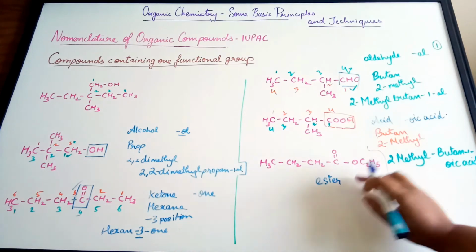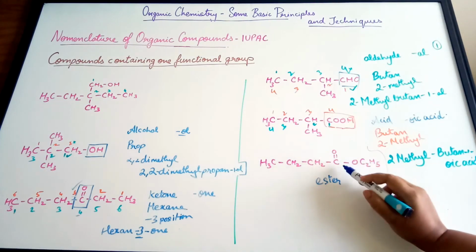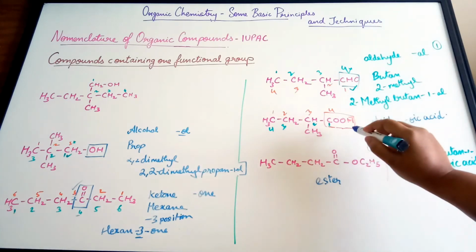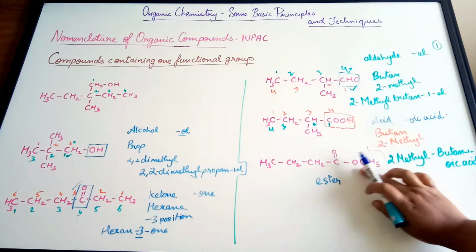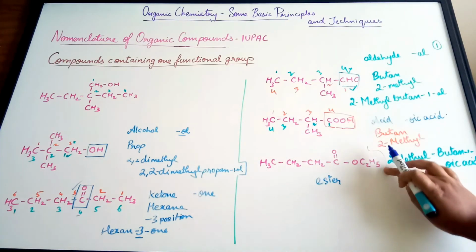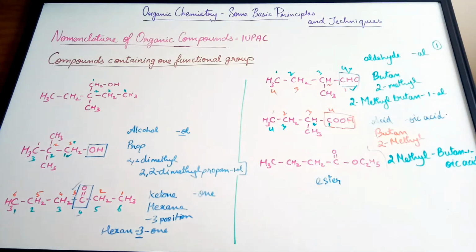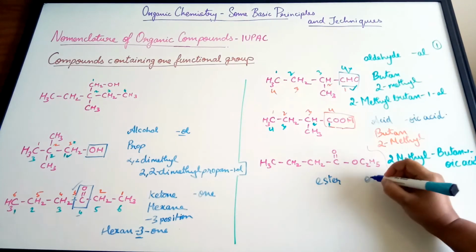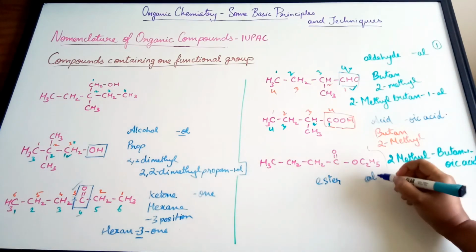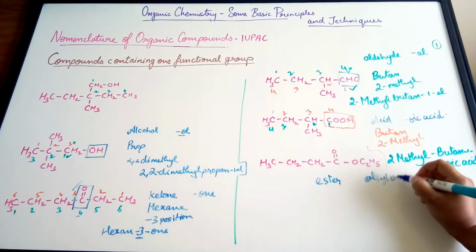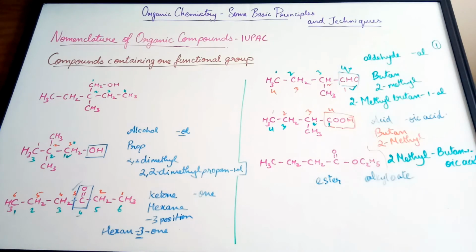But here, an ester consists of COO, and instead of an H like in a carboxylic acid, it is bound to another alkane or carbon chain, and its name is given as alkyl-oate.